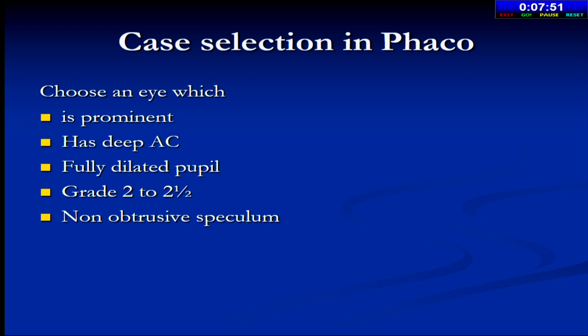I do left-side superior temporal too, but I sit on the left side like this. I don't sit at 12 o'clock for the left eye at all. If I want superior temporal on the left eye, I must sit here. I make one port here, and then you must be comfortable making your incision. So when you are making superior temporal on the left side, sit a little on the left side.